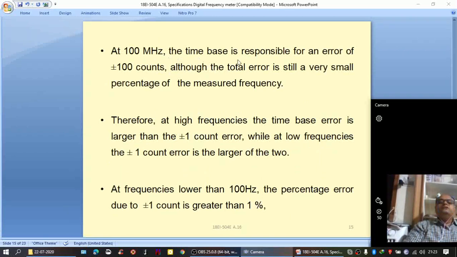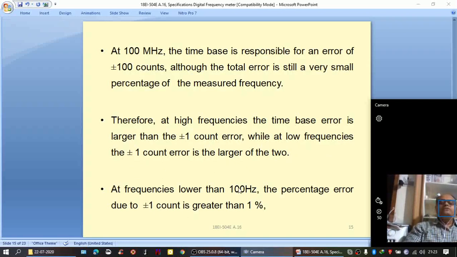At 100 megahertz, the time base is responsible for an error of plus or minus 100 counts, although the total error is still a very small percentage of the measured frequency. Therefore, at high frequencies, the time base error is larger than the plus or minus 1 count, while at low frequencies, the plus or minus 1 count error is larger of the two.